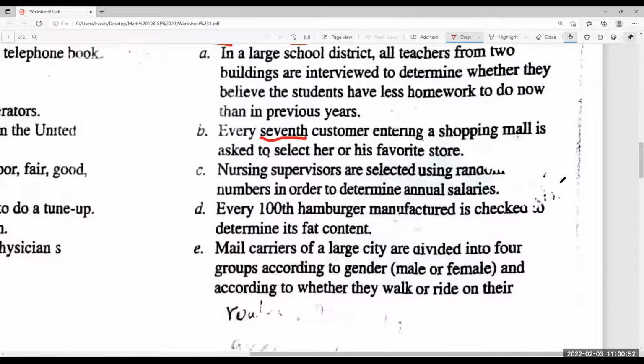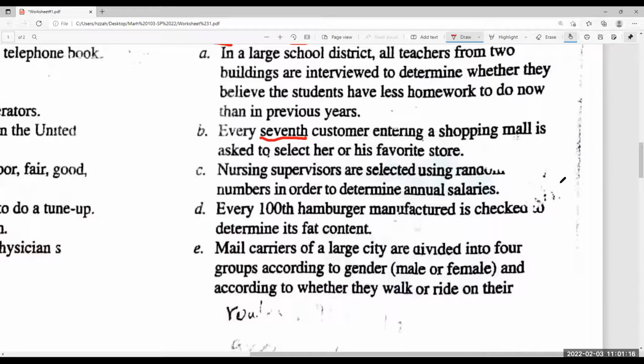Systematic, every second, every fifth, every 10th. In this case, every 7th. So the first group is going to be 7, 14, 21, 28, etc. Because of the every 7th, this is going to be systematic. Any question?